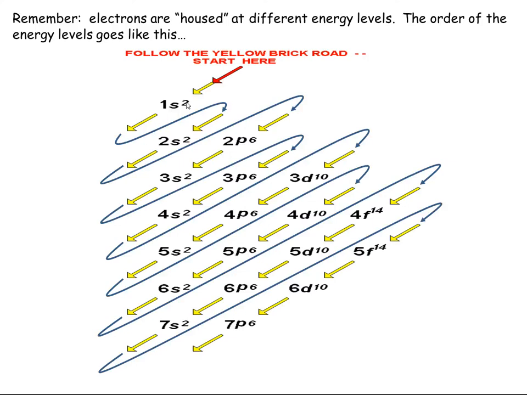Remember, electrons can pair up, so you can put a maximum of 2 electrons in an orbital. So for example, 1s, you can put 2 electrons, that means it has 1 orbital. 2p, you can put 6 electrons, that means 3 orbitals. D, 10 electrons, 5 orbitals.